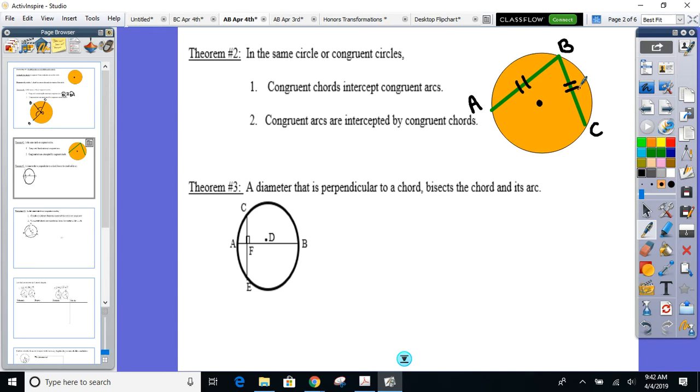Using my diagram, if those two chords are congruent, what two arcs are also congruent? Arc AB and arc BC. Whatever arcs you have on yours, tell me those arcs are congruent. For me, it's AB and BC are congruent.